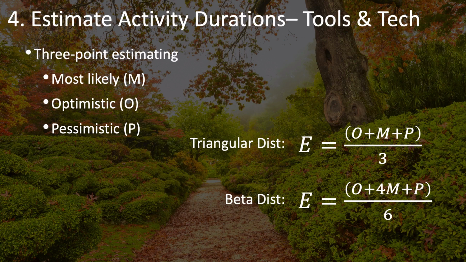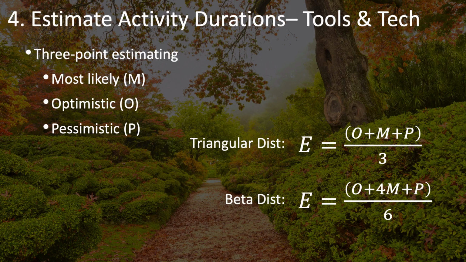In 3-point estimating, you come up with 3 estimates for each activity or work package or whatever it is you're estimating. The key is to come up with 3 estimates. Your most likely, your optimistic, and your pessimistic estimates.